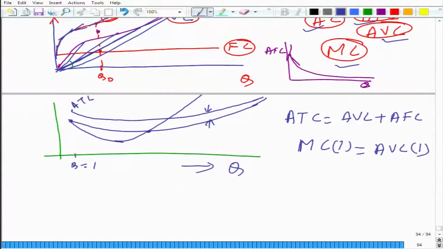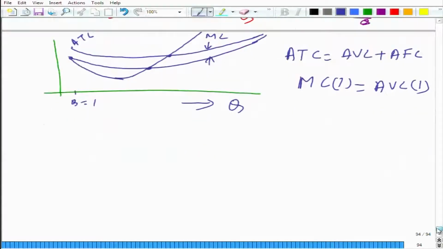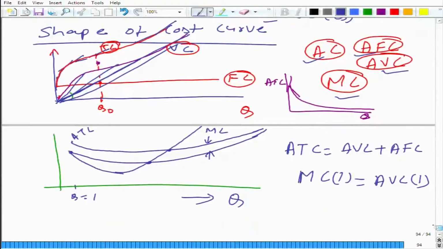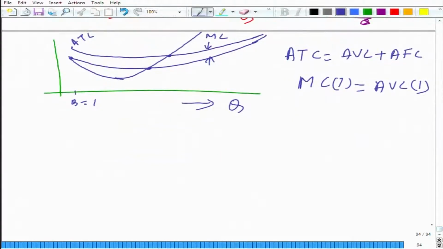Can we find any relation between these points, the marginal cost curve, and the average total cost and average variable cost curves, where they are intersecting? Graphically, it is the point where the tangent is parallel to that line.